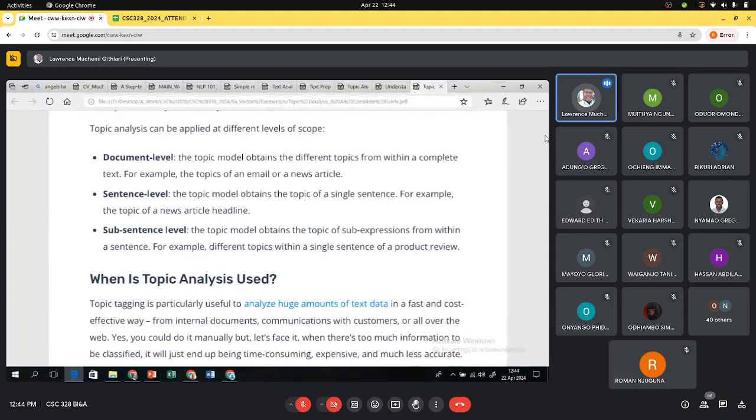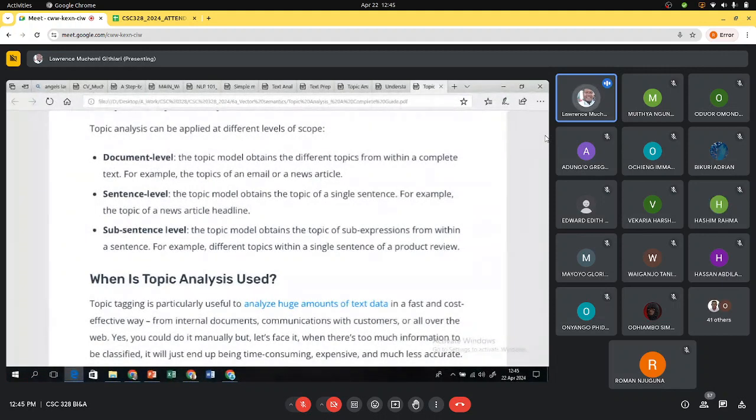When you go to the sentence level, this is more fine-grained, and the topic model obtains the topic of a single sentence, for example, the topic of a news article headline. Then at the sub-sentence level, the topic model obtains the topic of a sub-expression, like a phrase, from within a sentence.